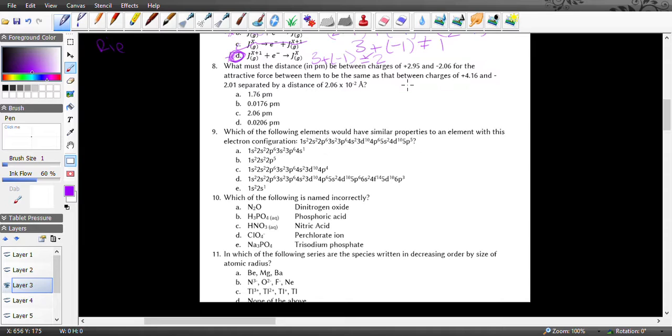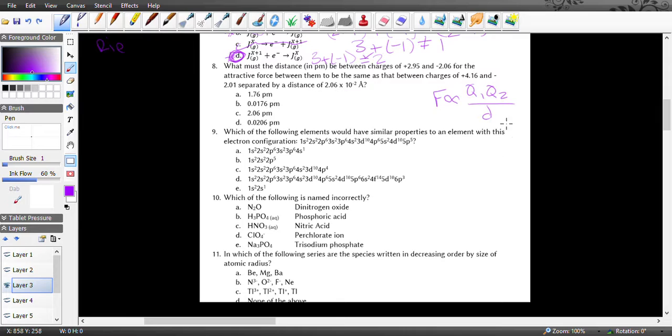That's one way to check it. Number 8. This one right here takes just a little bit of thought. First thing you're going to be using is Coulomb's law. It's not equals, it's F is proportional to Q1 Q2 over D squared.